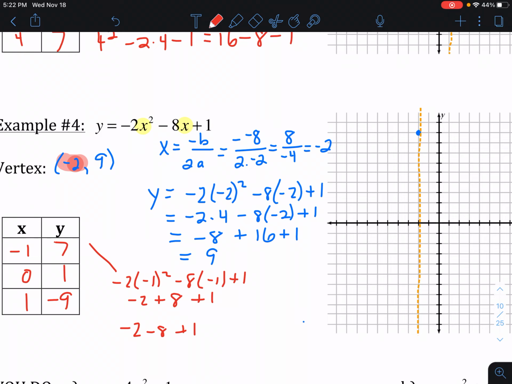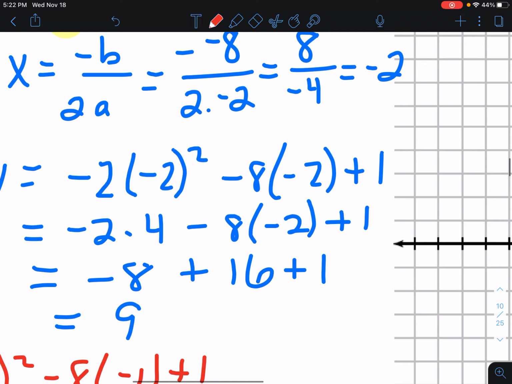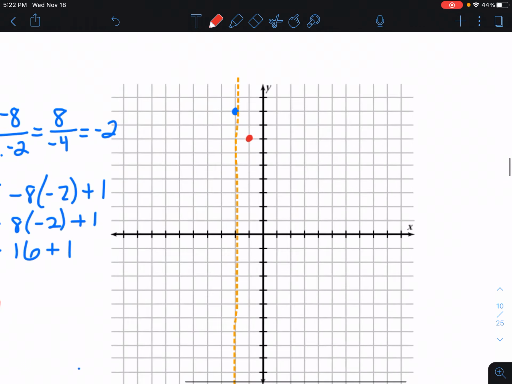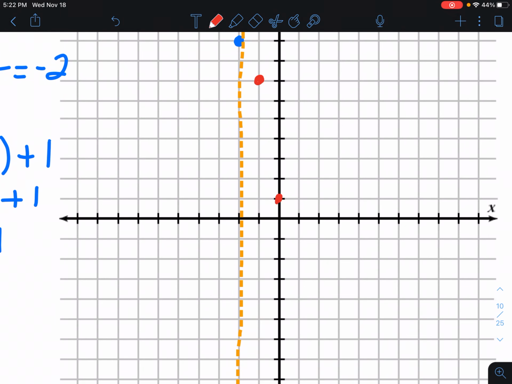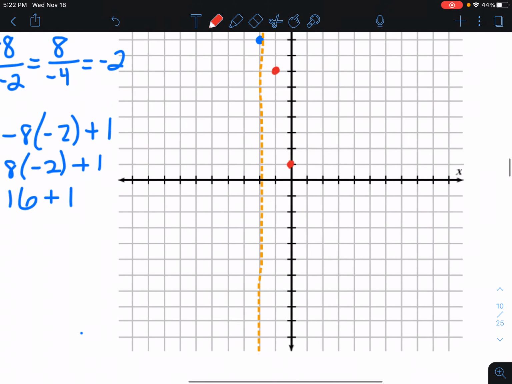All right, negative 1, 7, I'm plotting now. All right, let me try that again. Negative 1, 7, 0, 1, and 1, negative 9.